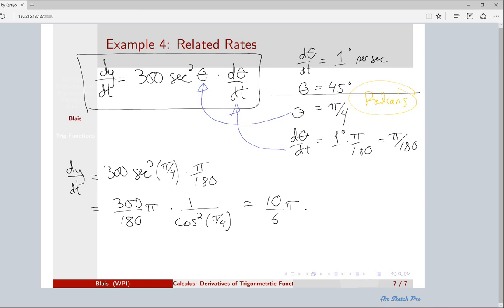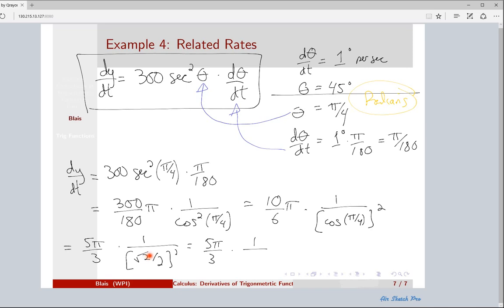Cosine of pi over 4, remember what that is. That's shorthand for cosine pi over 4 squared. 10 over 6 is, of course, 5 over 3. So 5 pi over 3. Cosine of pi over 4, we know from our pi over 4, pi over 4, pi over 2 triangle, is root 2 over 2. So this is 5 pi over 3 times 1 over.